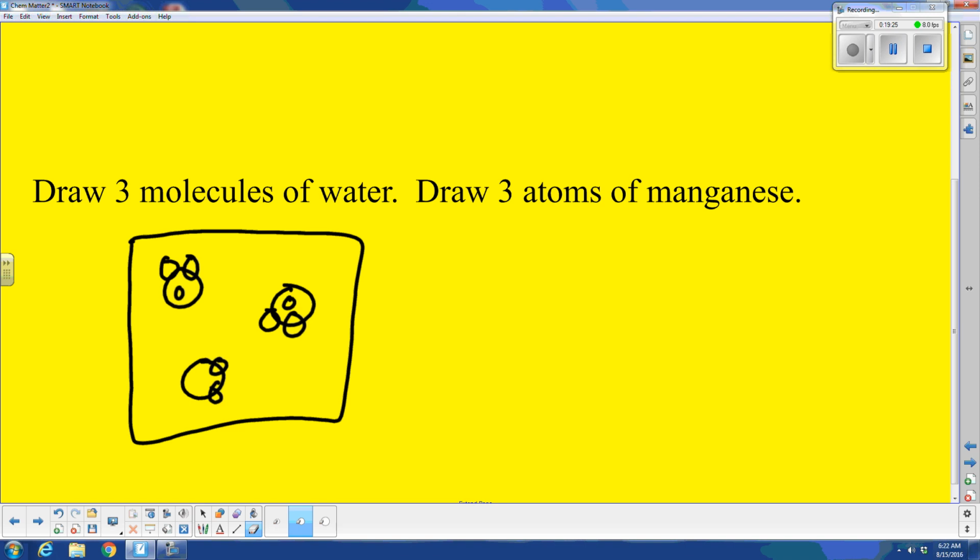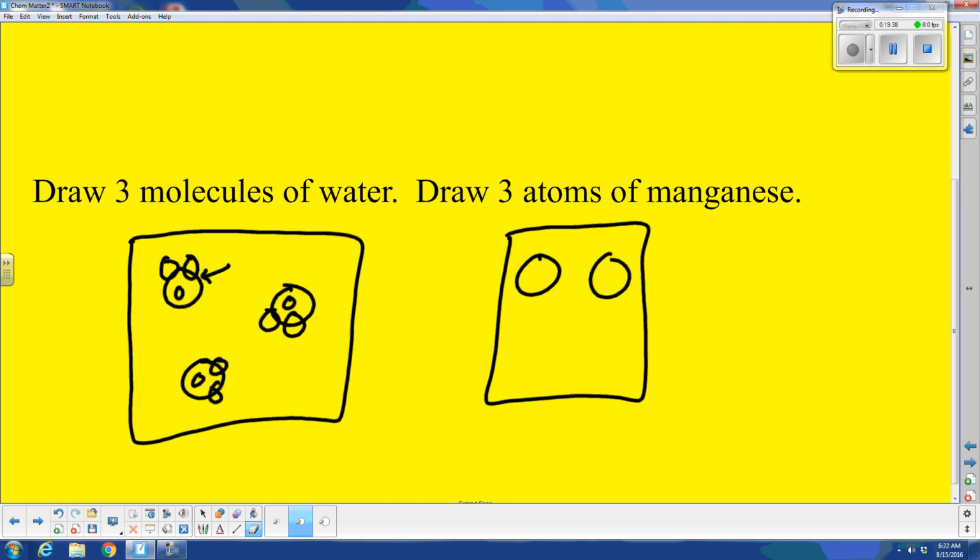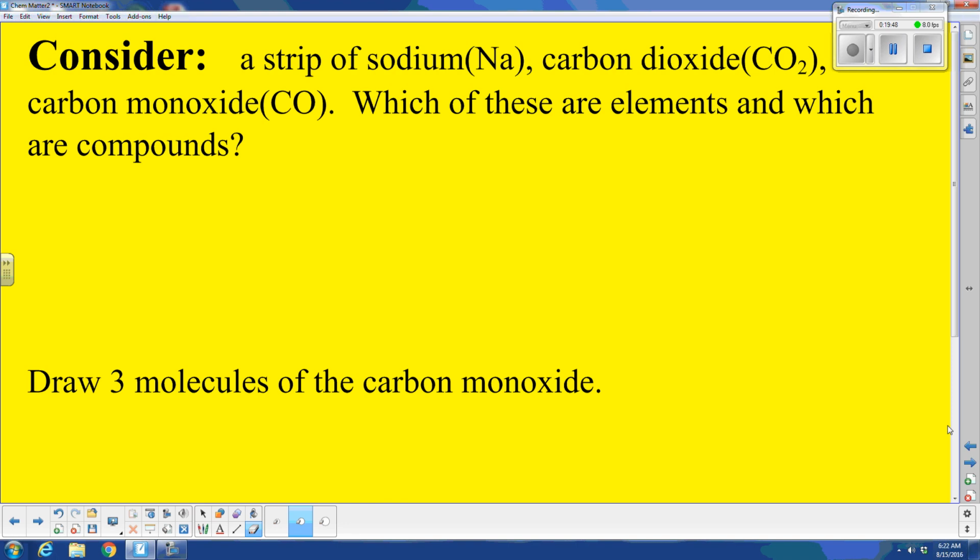O, O, O. And the key here is you have the overlap, but yet each molecule is not overlapping. If we draw 3 atoms of manganese, you can draw them anywhere you want. You just do not have them overlapping. That's the way I would do that. All right. Here you go. You guys do this. Bring me back when you're ready.